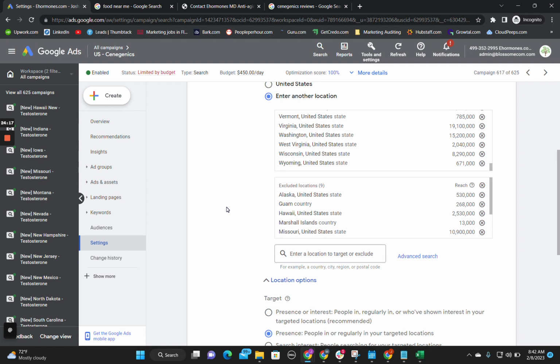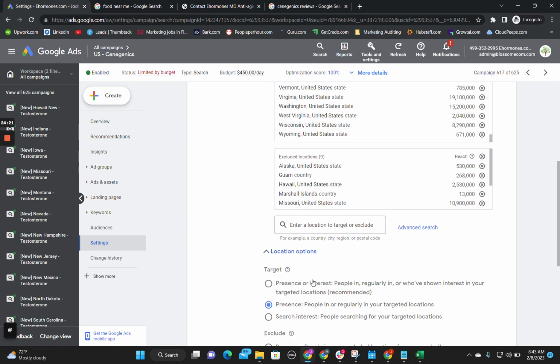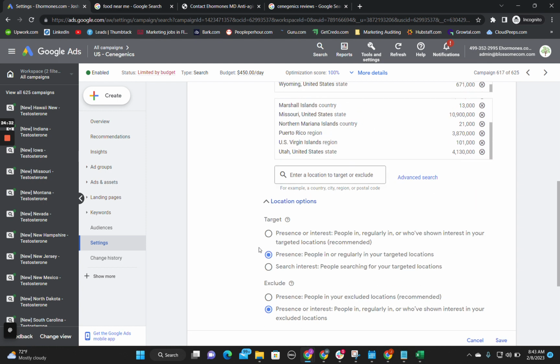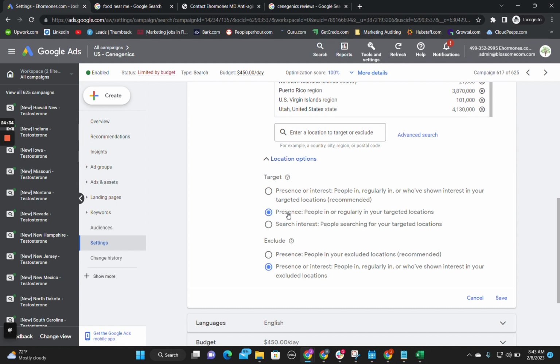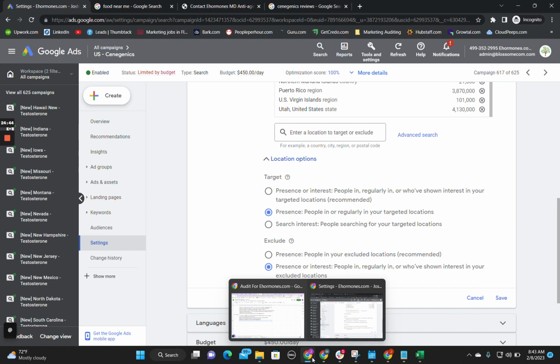It's kind of hard to explain, but long story short, if this was presence or interest, someone in China could have any interest in West Virginia, and that interest could be defined as anything. It could be that they're interested in visiting there, or they have a country music interest. So long story short, whenever you're doing locations, just make sure it says presence, and also exclude only presence as well, because again, it makes it very, very confusing, and it leads to things going wrong.